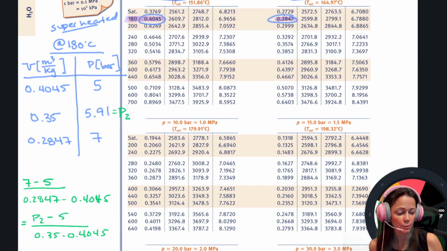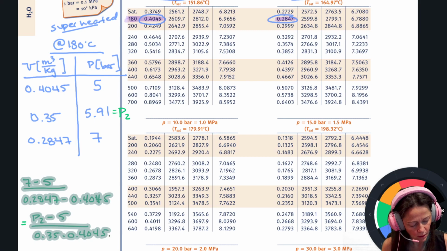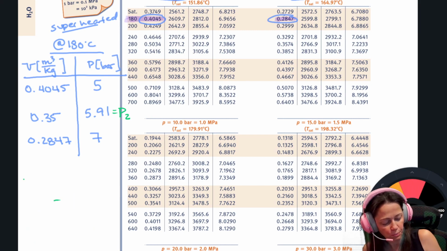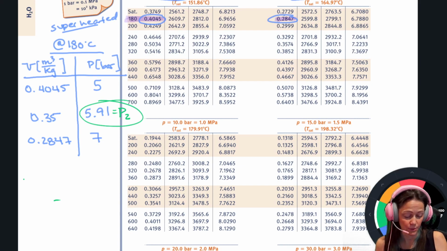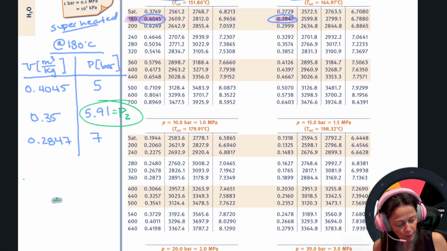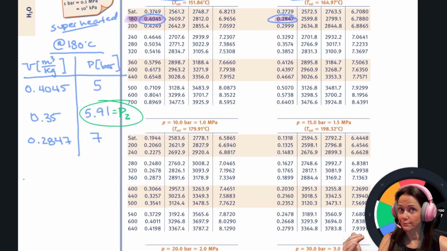What I sometimes see people getting in trouble with is, if you get a wrong answer, say your pressure that you interpolated for is like 9 or something, but it's not between 5 and 7, what you've probably done is not gone consistently from the bottom to the top, or from the top to the bottom.